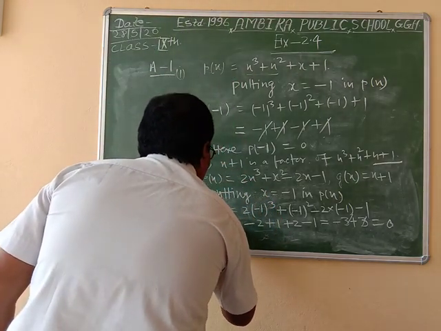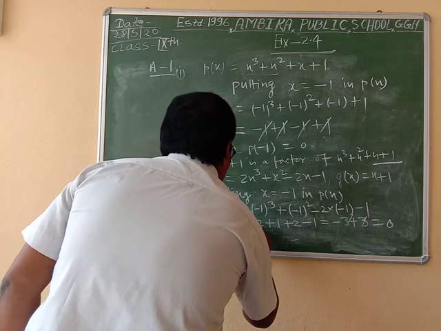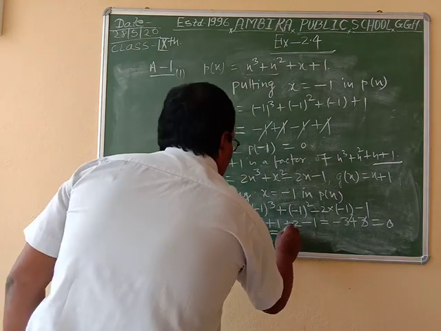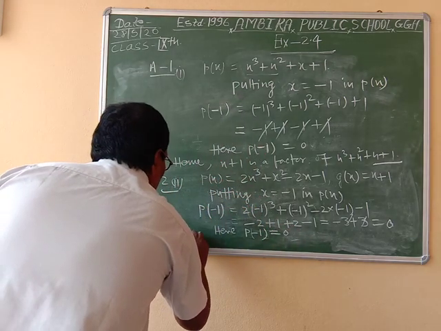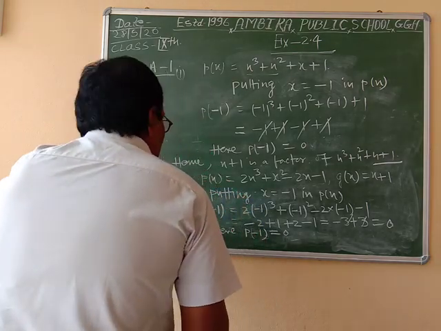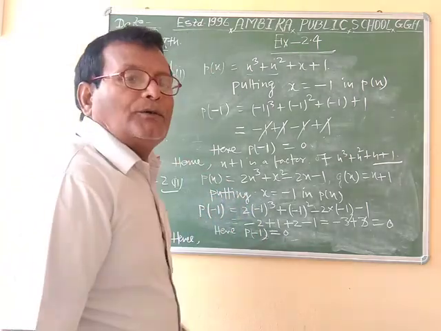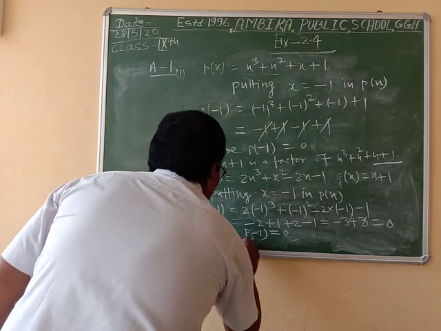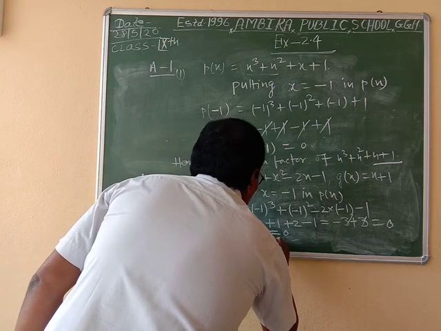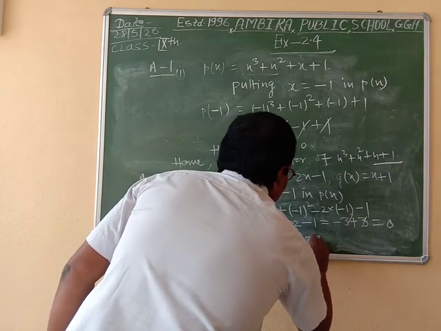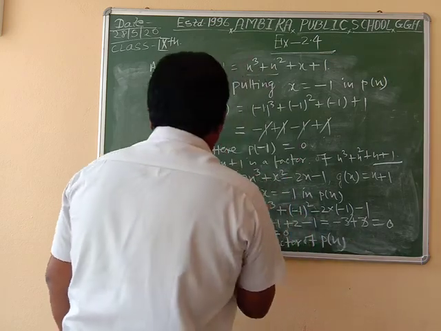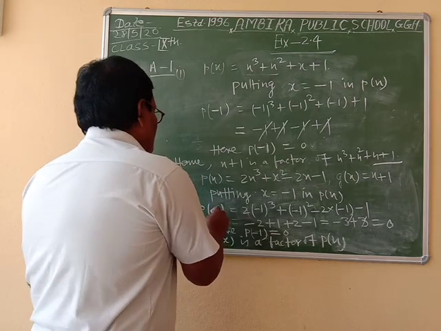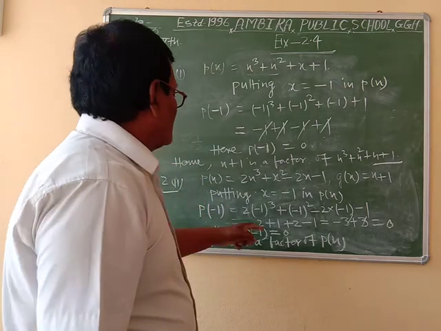Here p of minus 1 is equal to 0. Hence we can say that gx is a factor of px, because putting x is equal to minus 1 in px, we get p of minus 1 equal to 0.